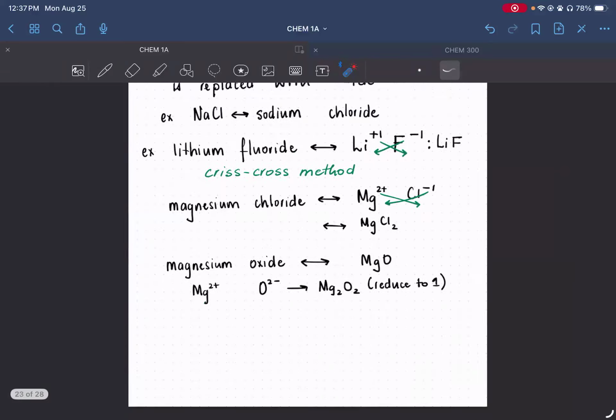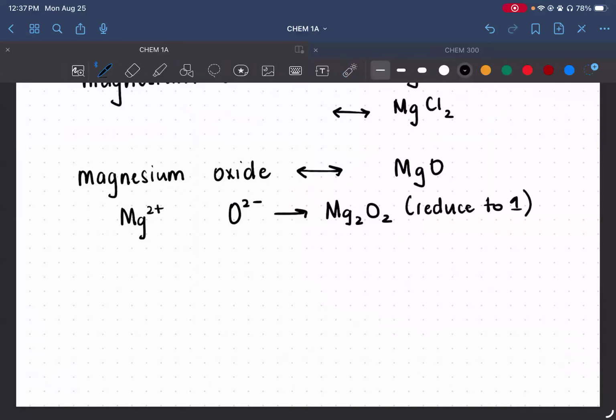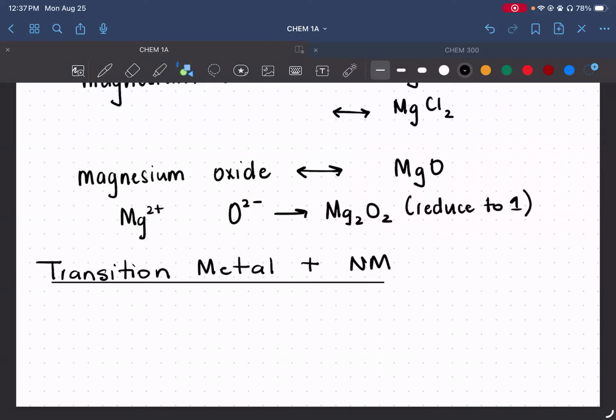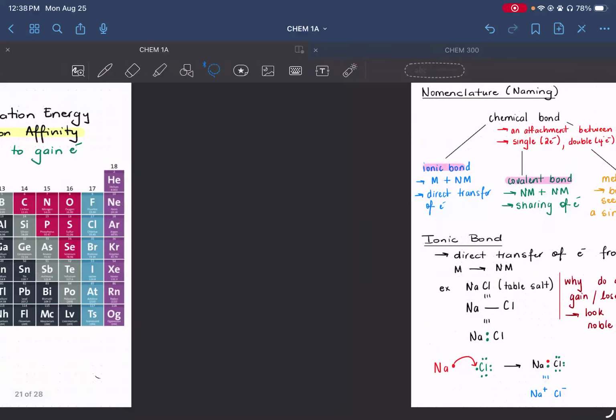There is another situation. What about if you are dealing with a transition metal and non-metal? All right. Let's remind ourselves what a transition metal is. Let's go back to the periodic table.